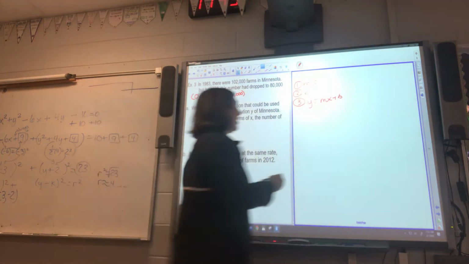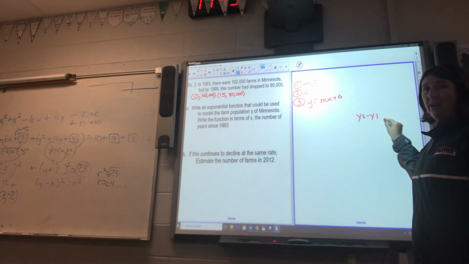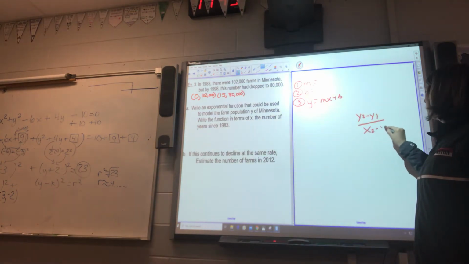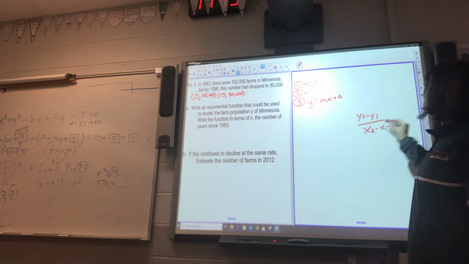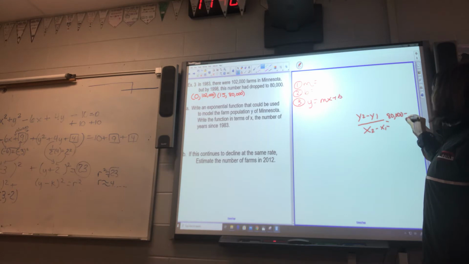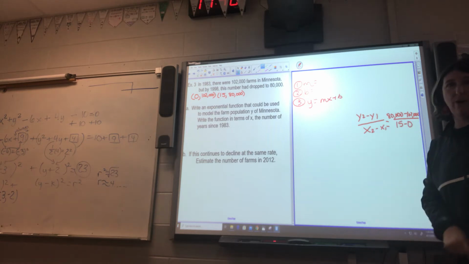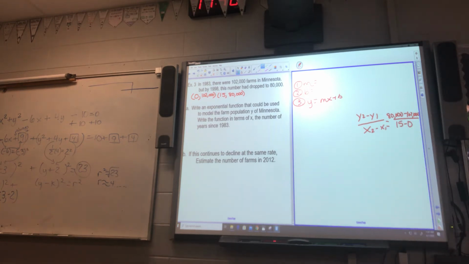I can find the slope because the slope is y2 minus y1 over x2 minus x1. So that would be y2, 80,000, minus 102,000 over 15 minus 0. I'm going to sneak back and get a calculator real quick.